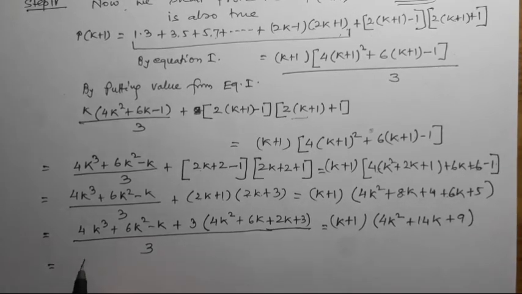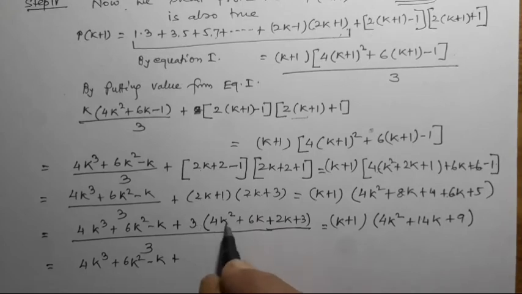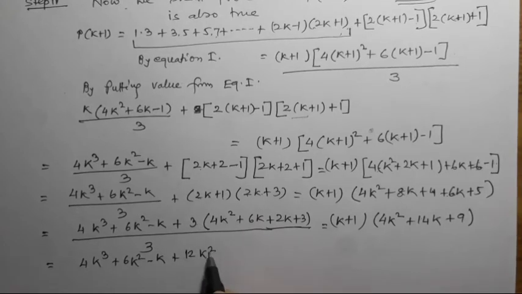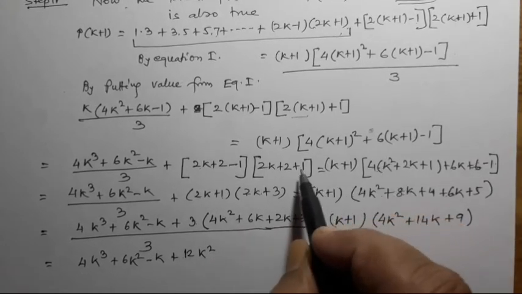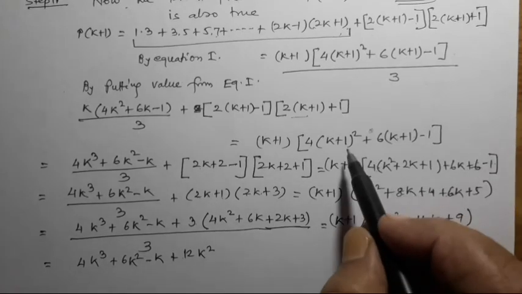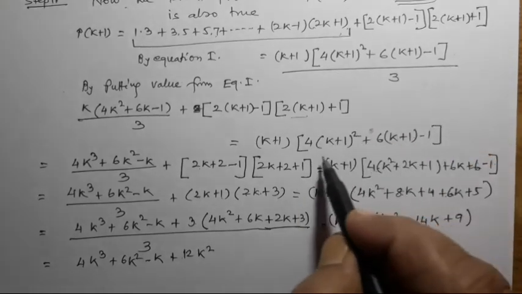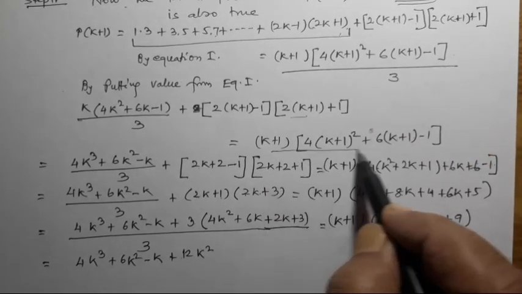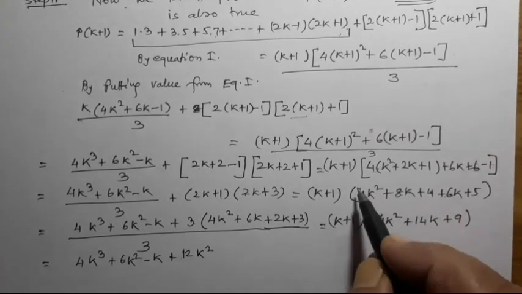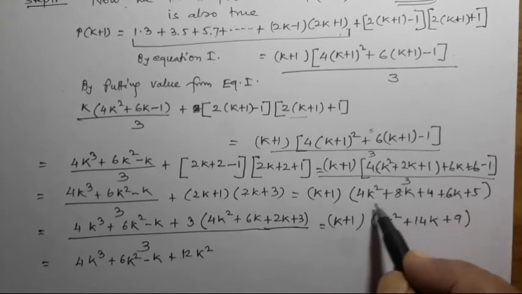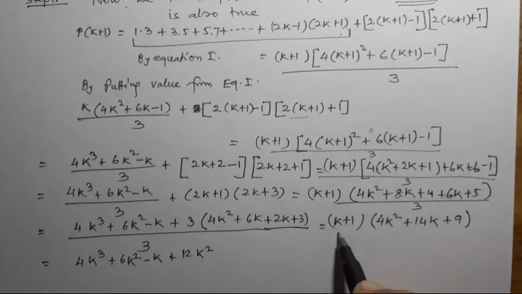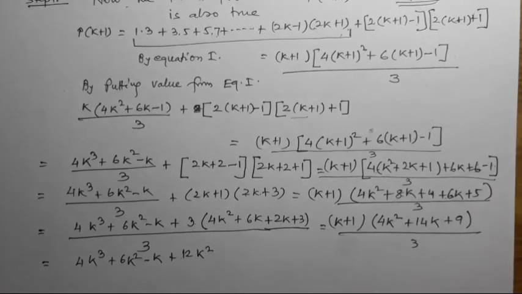So it will be 4k cube plus 6k square minus k plus 3 into 4, 12k square, and this will be all equal to, this will be by 3. On the right hand side it is also by 3.